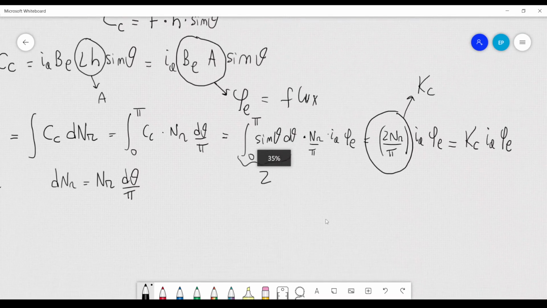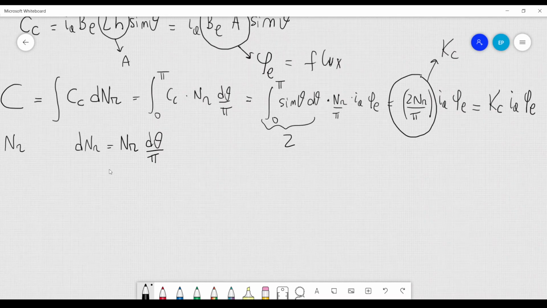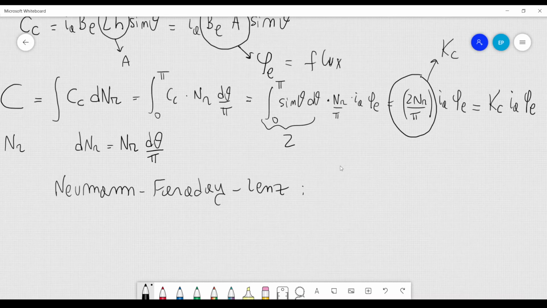Then, according to the Neumann-Faraday-Lenz law, we know that in the motor, since we have a flux going through some coils, we have an electromotive voltage that I will call E sub C, which is equal to the derivative of the flux, d phi C dt.